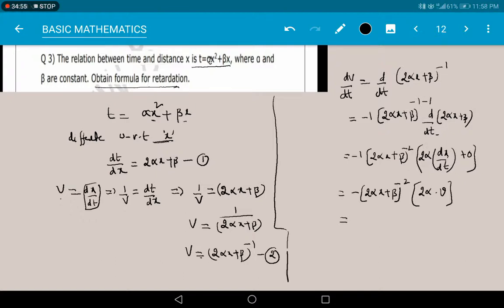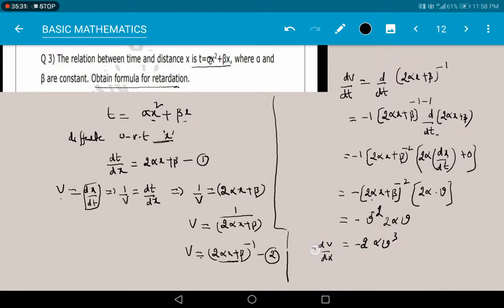Then substitute here. If you observe, (2 alpha x plus beta) power minus 1 we can write as v. So v power minus 1 minus 2, that is minus 2 becomes plus 2, and this is 2 alpha v. So 2 alpha v cube is the answer for this acceleration.